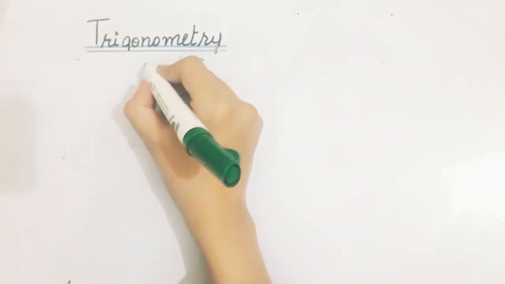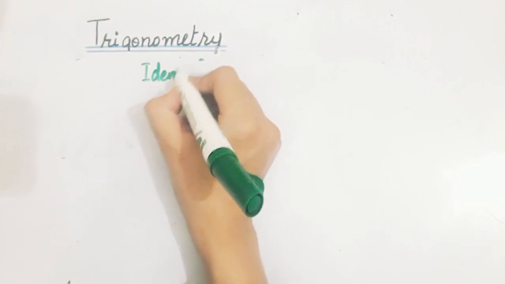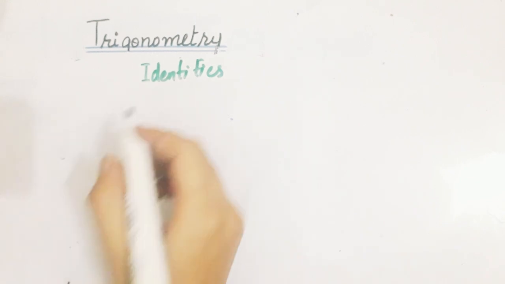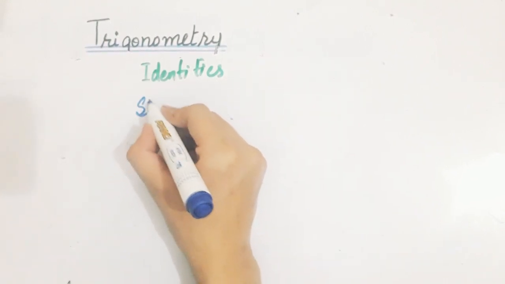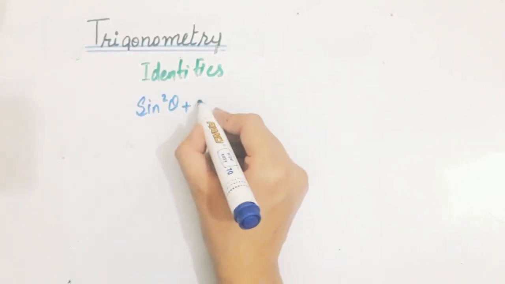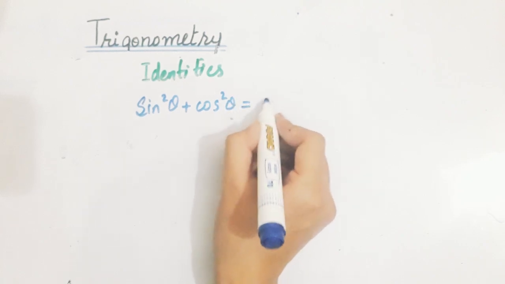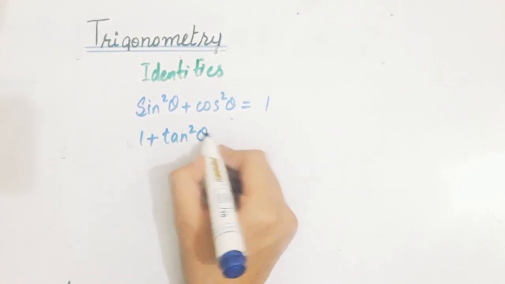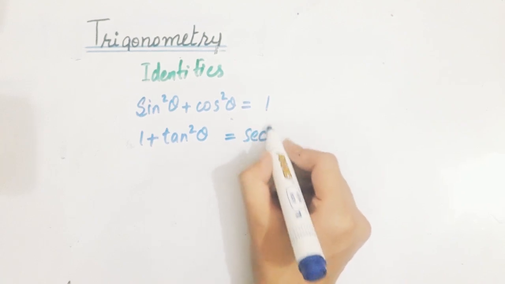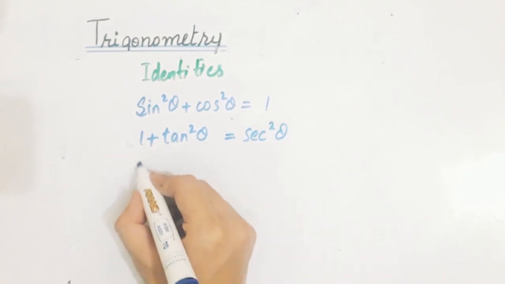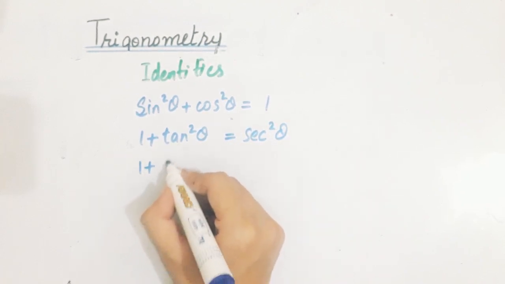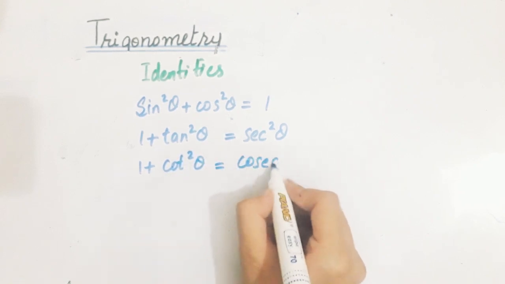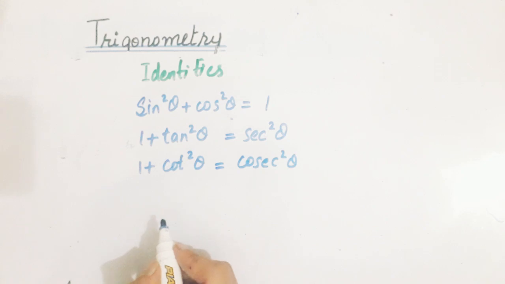Some identities that are used are, first of all, sine square theta plus cos square theta equals 1. 1 plus tan square theta equals secant square theta, and 1 plus cot square theta equals cosecant square theta.